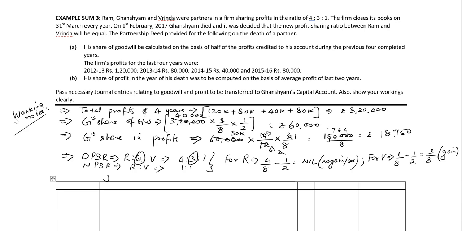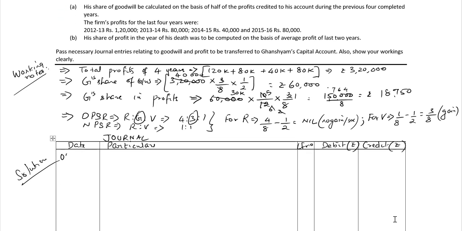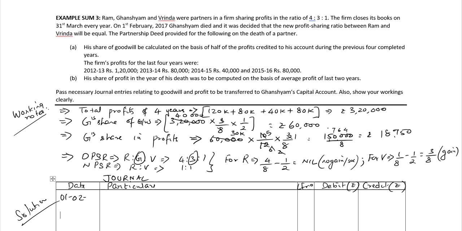So let's pass the journal entries. Journal. We have date, particulars, LF number, debit rupees, and credit rupees. The date of Ghanshyam's death, 1st February 2017 as per the problem.